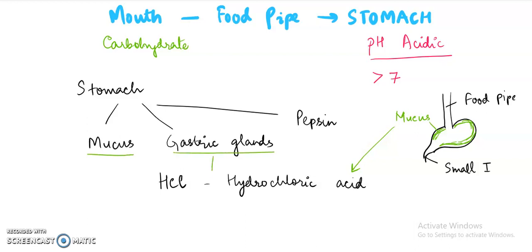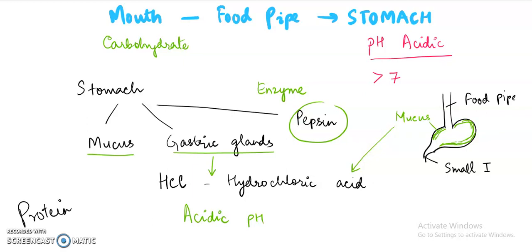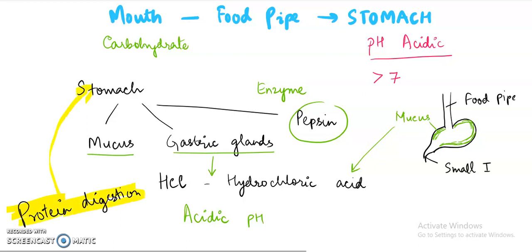Gastric glands help in producing the acid which makes the pH of the stomach acidic. Other than this, the enzyme which is produced by the stomach is known as pepsin. Another thing which we should know is that protein digestion starts in the stomach. As carbohydrate digestion started in the mouth, protein digestion starts in the stomach.